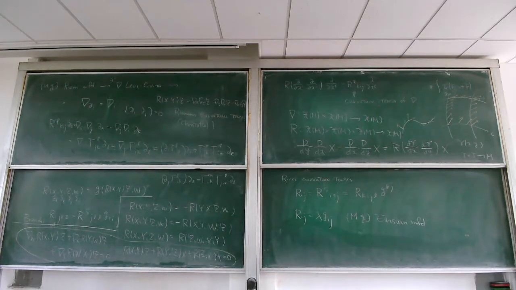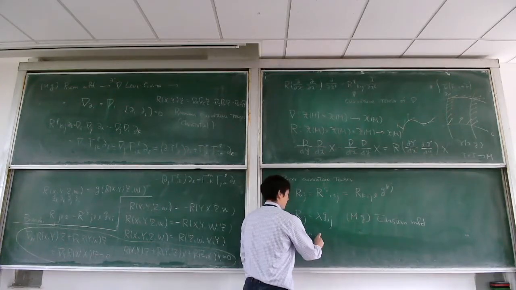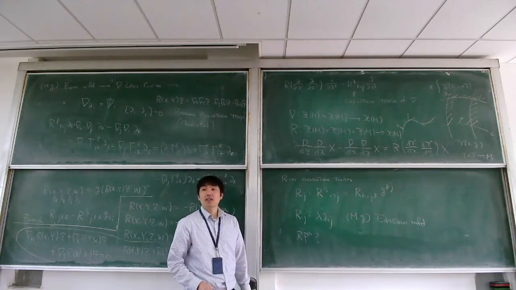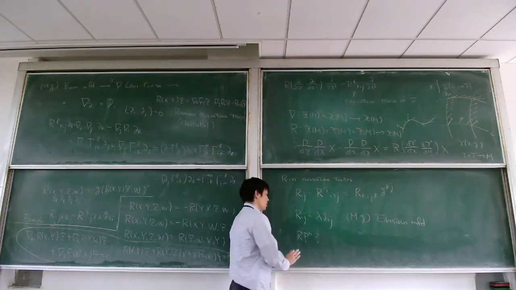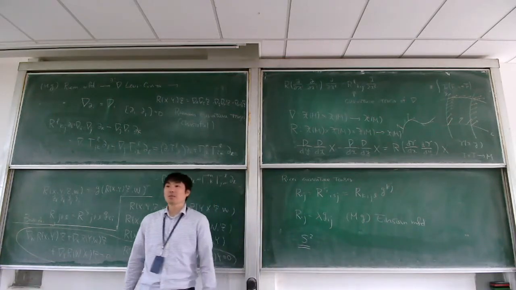Dark energy. Good. That's also a right answer, but I want to hear some other answer. Speak up. Like projective space. Projective space. You mean RP? CP1. CP1 is S2.